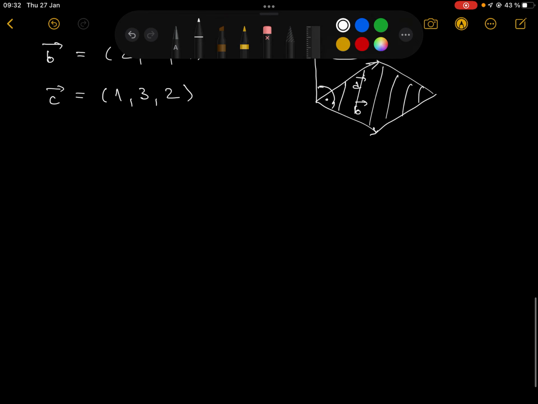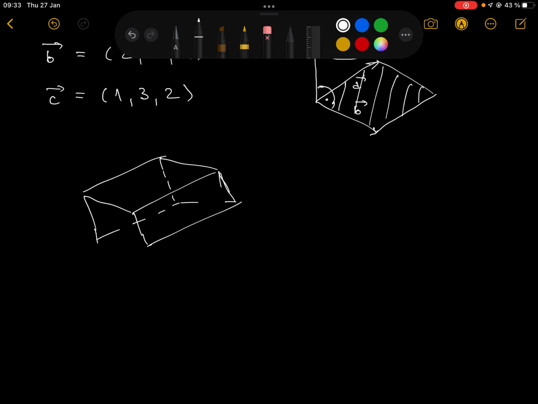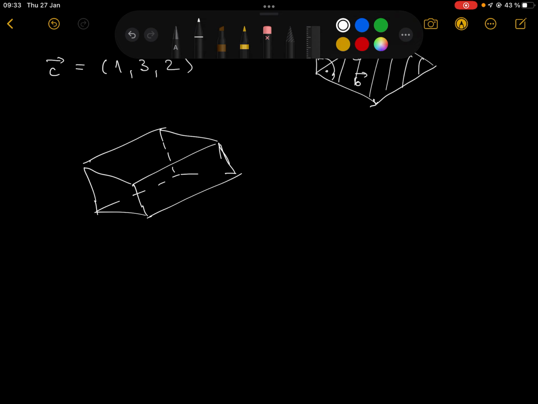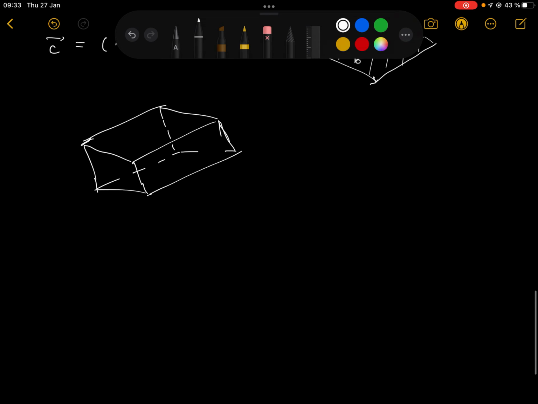So let's first draw a parallelepiped. It's not really up to scale, it's not really accurate, but it gives you the idea.